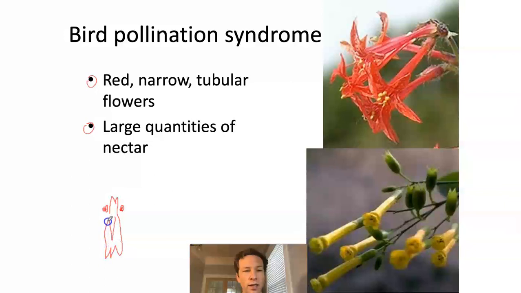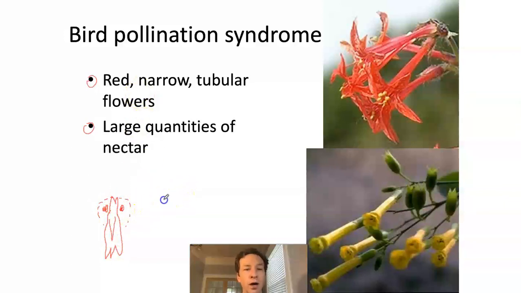I'll draw it like that. So this is the flower I'm drawing, and we're looking at the face of the pollinator behind it. You can see if it's a narrow corolla, then the pollinator is able to see what's behind that flower and watch its environment even while it's feeding.